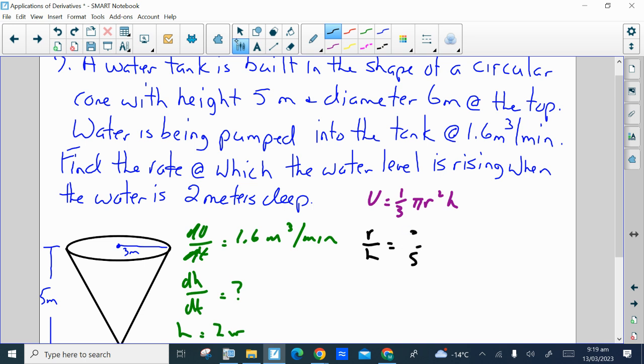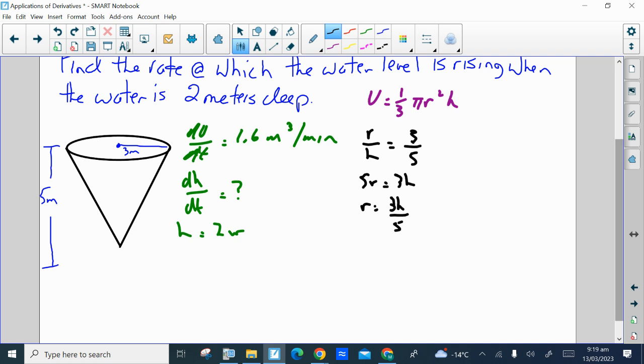As the water level rises or falls, that ratio will stay constant. So this allows us to write r in terms of h. If you cross multiply, you will get 5r equals 3h. So therefore r will equal 3h over 5. So there's an expression for r in terms of h.